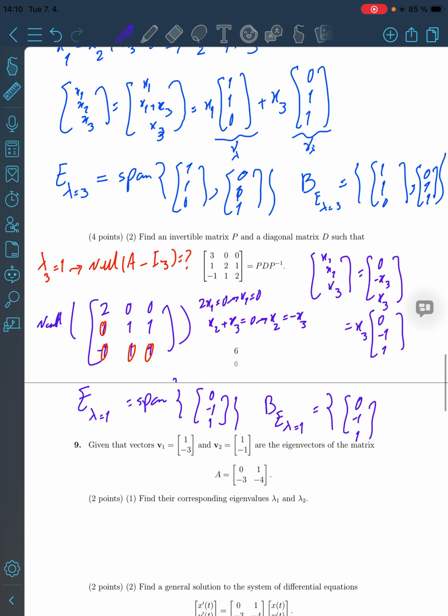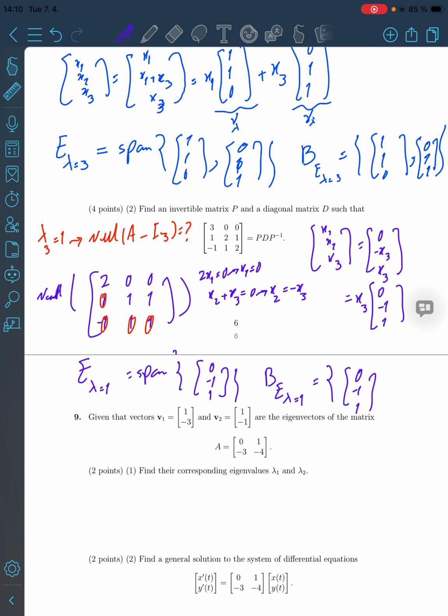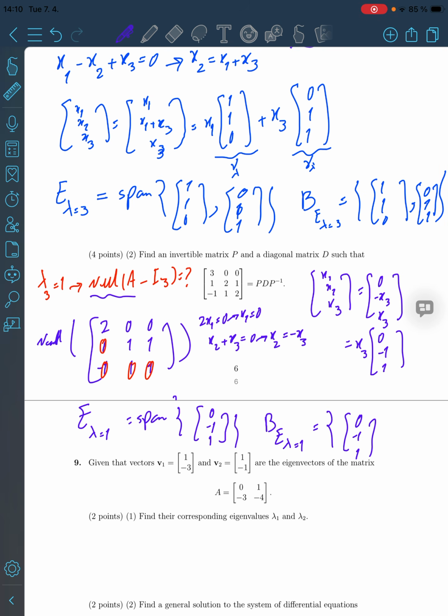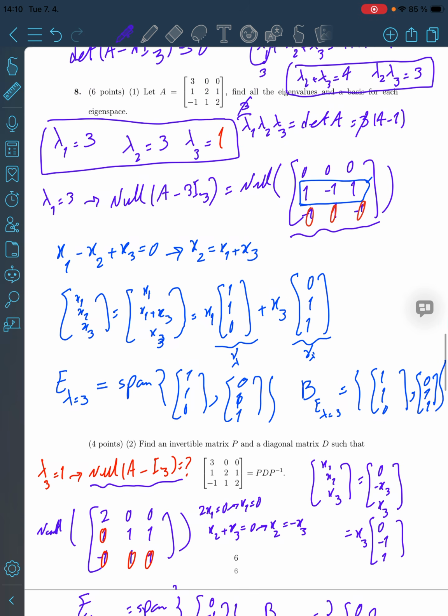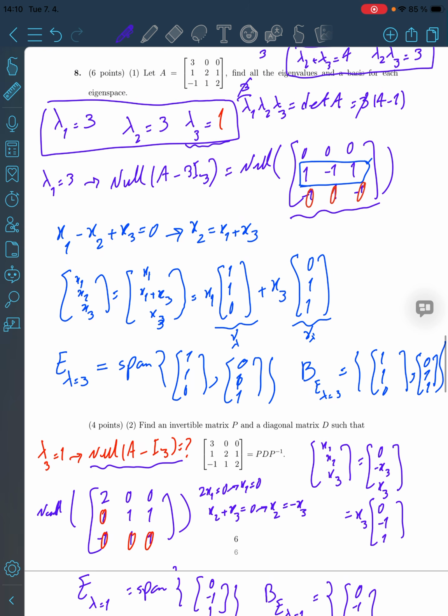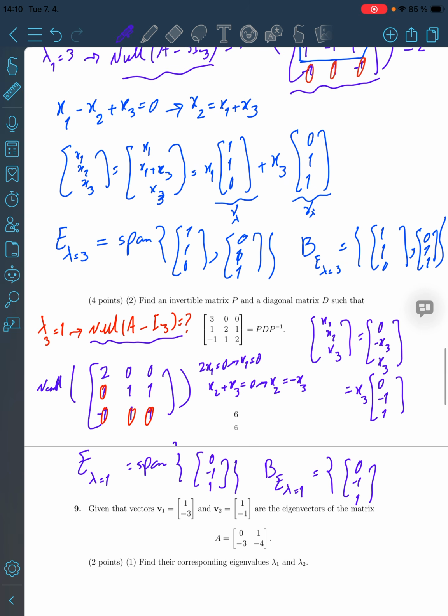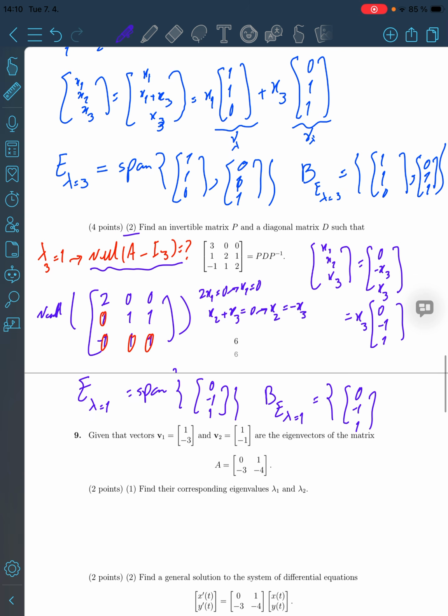Now as you see, the dimension of this null space is equal to 1, which is exactly the multiplicity of lambda 3 equal to 1. And the dimension of this null space is equal to 2, which matches the multiplicity of eigenvalue 3. So therefore, we can definitely diagonalize the matrix, which is actually the second part, to diagonalize the matrix.